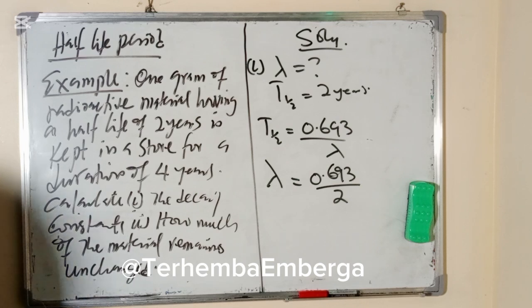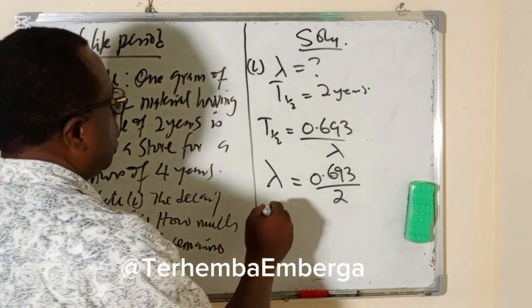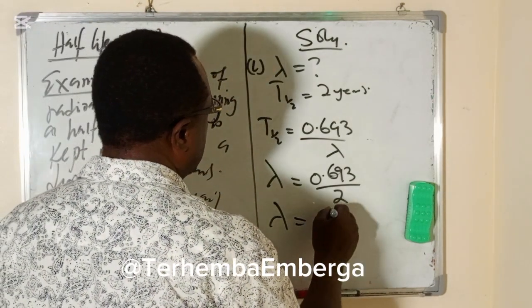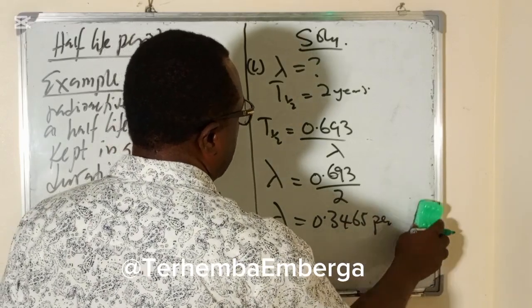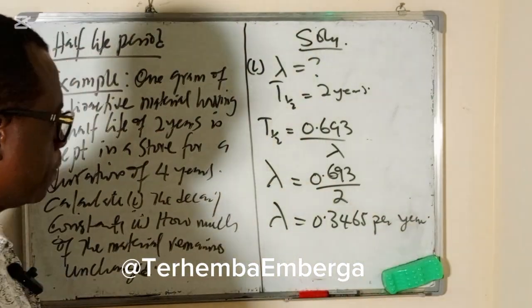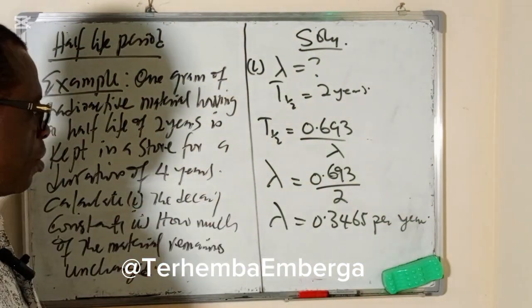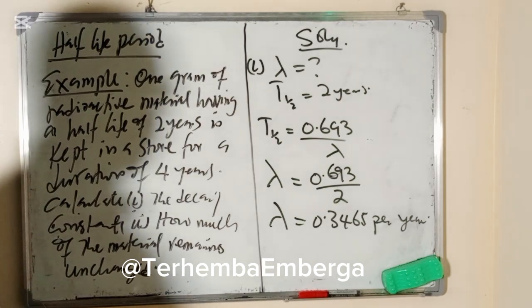So by the time you divide that, we'll be having 0.3465 per year. We're done with the first one.